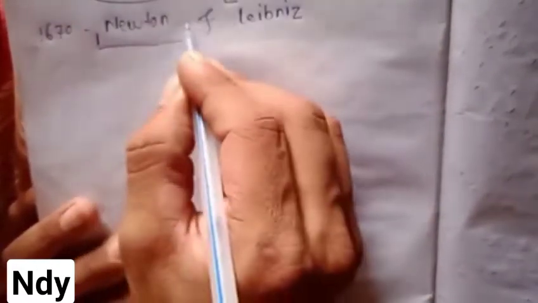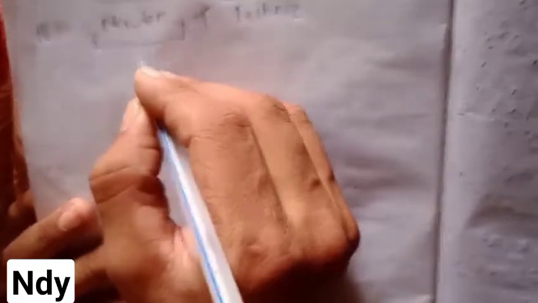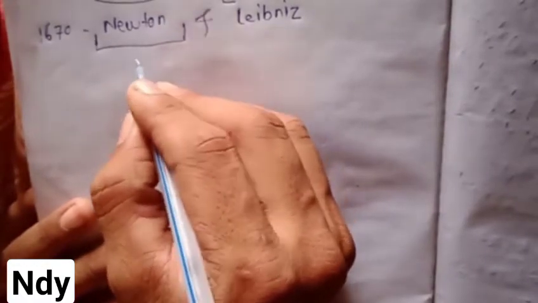Newton enunciated the infinitesimal calculus. At that time, Newton gave in his book Method of Fluxions.